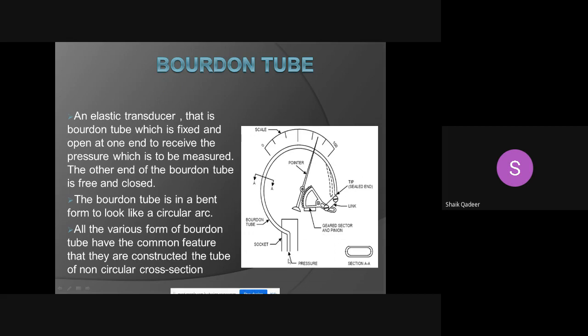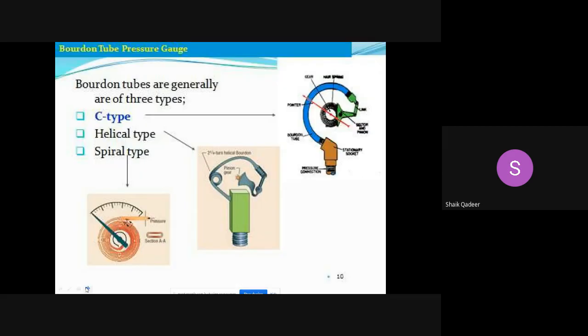At open end, the pressure is applied, and you see the Bourdon tube is in bend form when pressure is applied and looks like a circular arc. The angle of arc varies with the applied pressure, and accordingly indicated pressure will be changing.